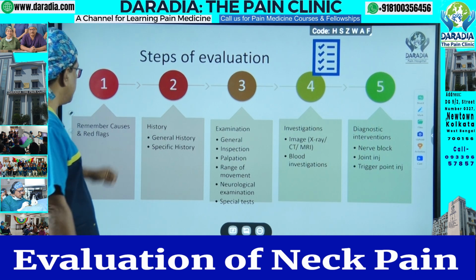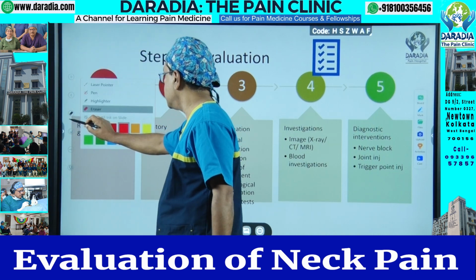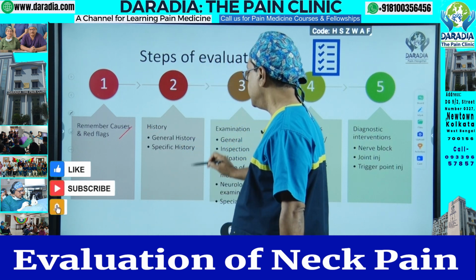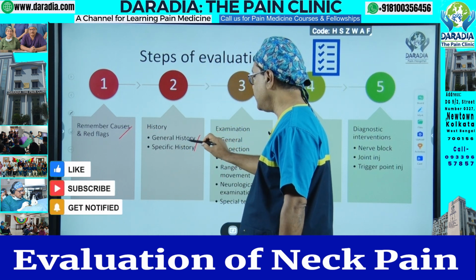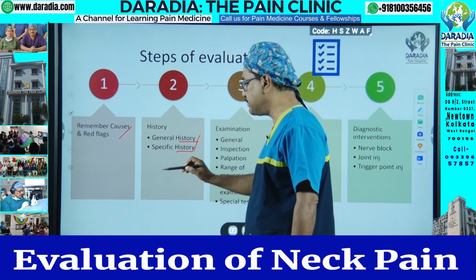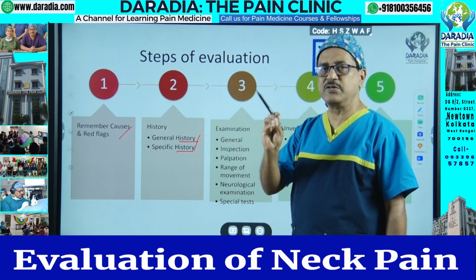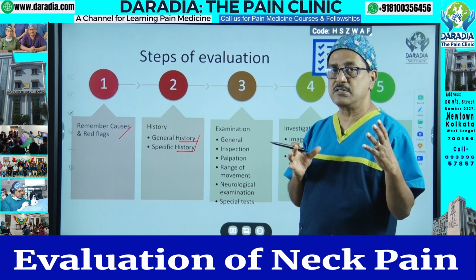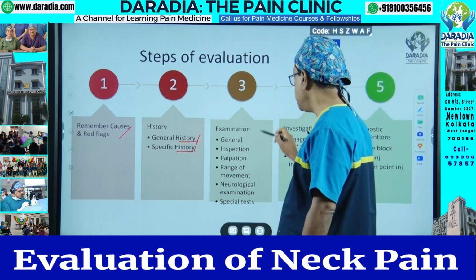So these are the basic steps. One is remembering the causes and the red flags. Then is your history. In the history, we have the general history and specific history. Specific history means some specific questionnaires which will be asked to the patient related to a certain kind of diagnosis. Then your general examination.